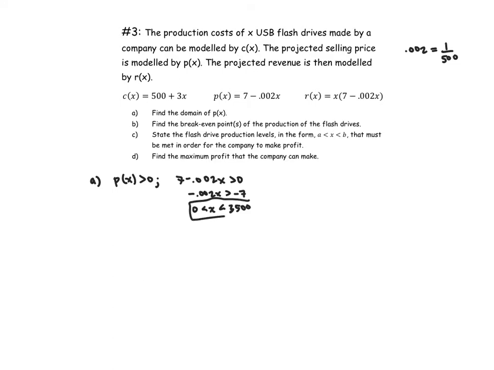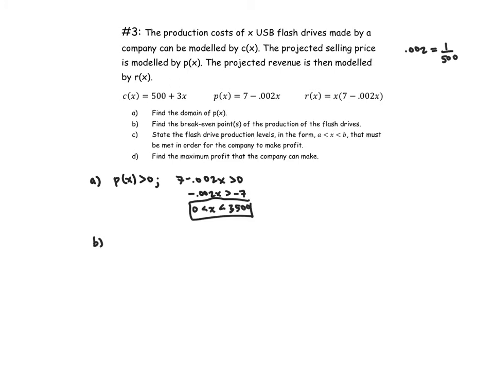Okay, let's move on to part B. Part B says, find the break-even point or points of the production of the flash drives. First of all, revenue is not profit. Profit, of course, is revenue minus cost.